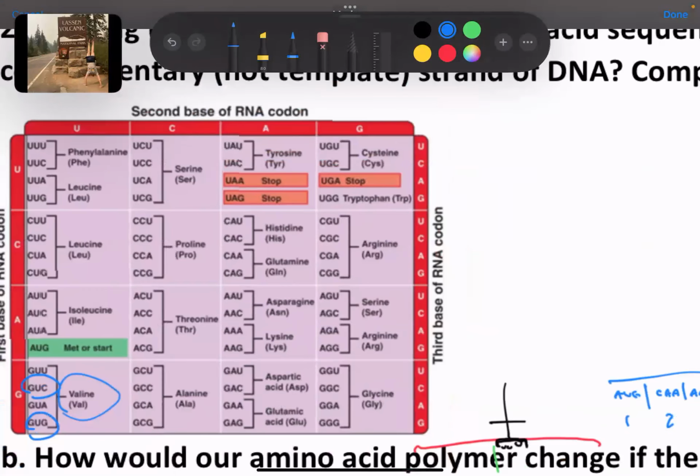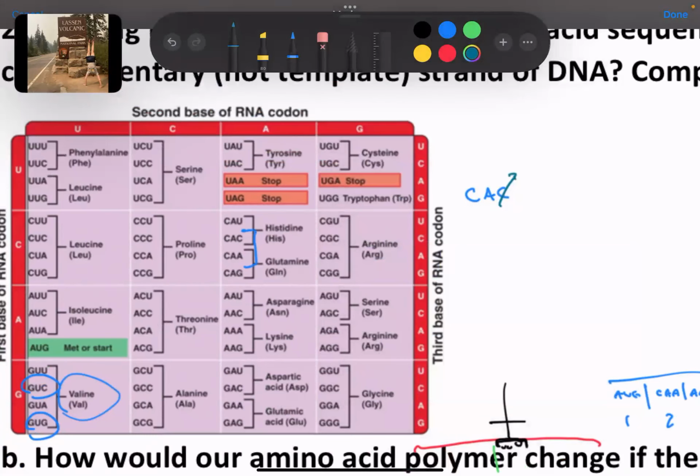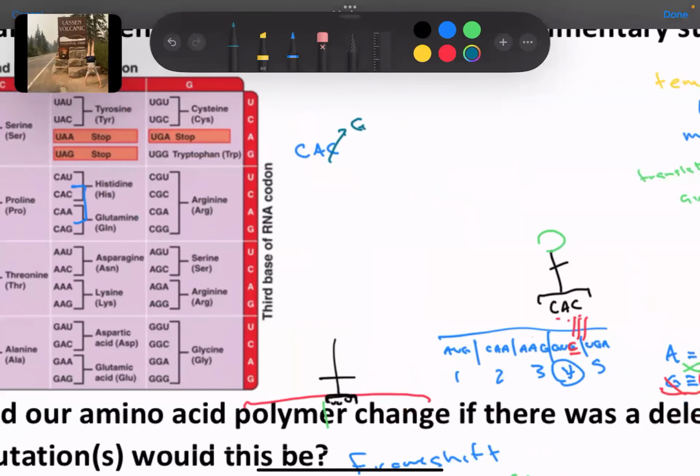A better example would be if the sequence we originally had was CAC, but then we had a mutation so that this was no longer a C, it was instead a G. That could mess things up, but because we know that we wanted this histidine here, we could still have our wobble, and it would end up giving us our histidine, even though this was GUC.